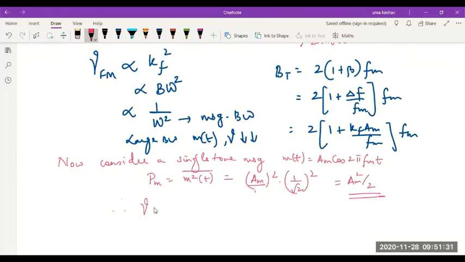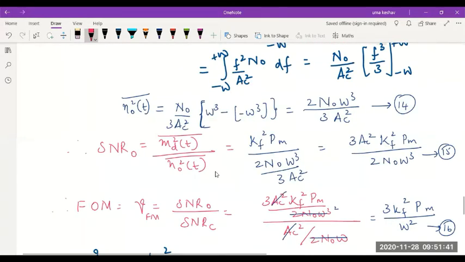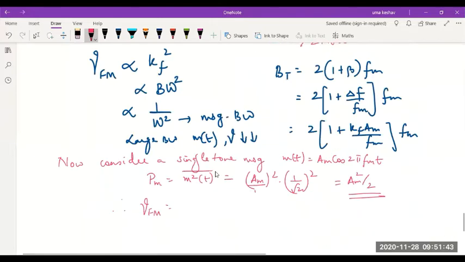Therefore, what is the figure of merit now? The figure of merit by substituting this. What was the expression? 3 KF square PM by W square. So 3 KF square. For PM I have to put AM square by 2 divided by W square.